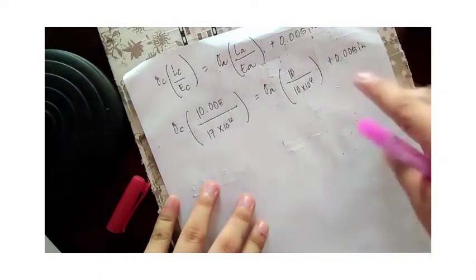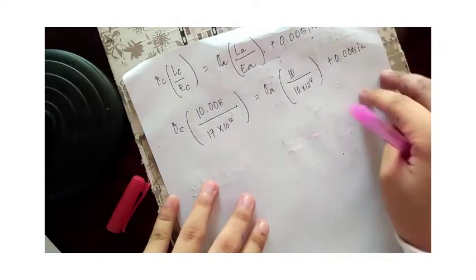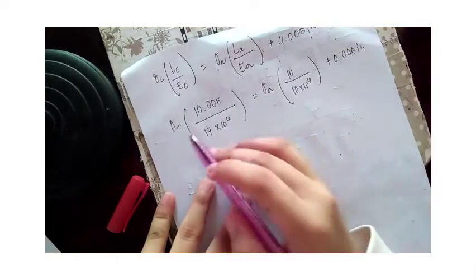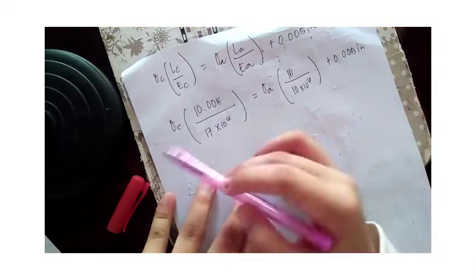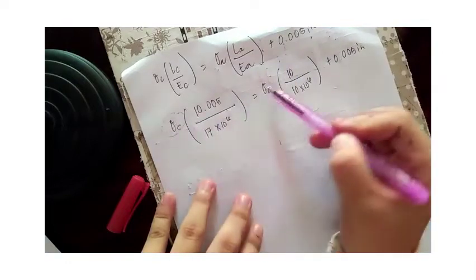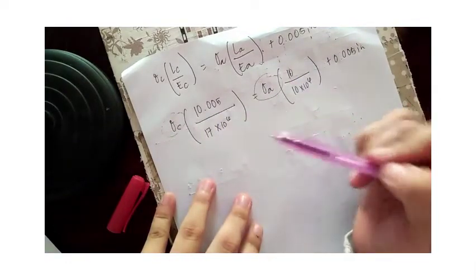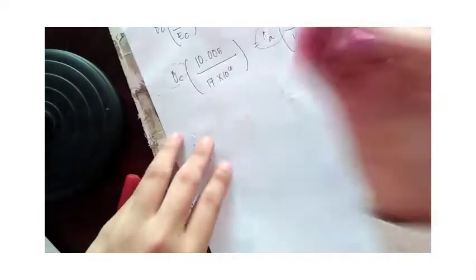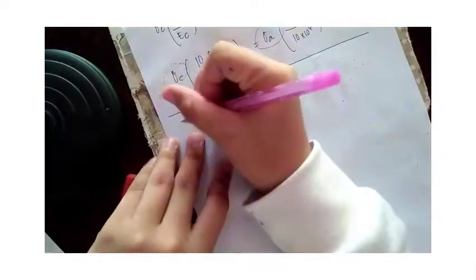Or kahit huwag na tayong simplification, i-diretso na natin sa calculator. Next step natin is trial and error. Isa-substitute natin yung binigay na value ng stress ng copper and stress ng aluminum para may makuha tayong true value ng dalawa. Halimbawa, first trial and error.